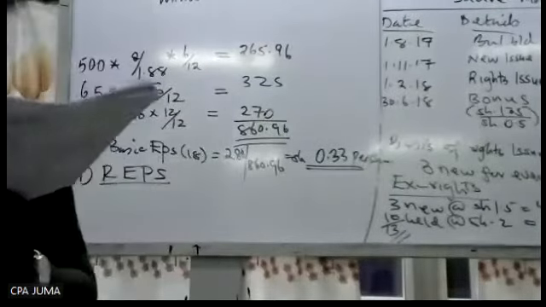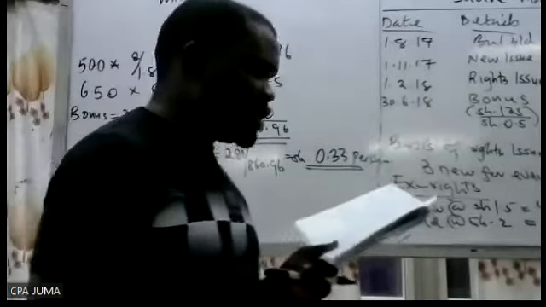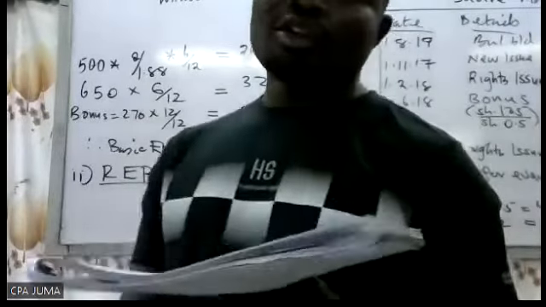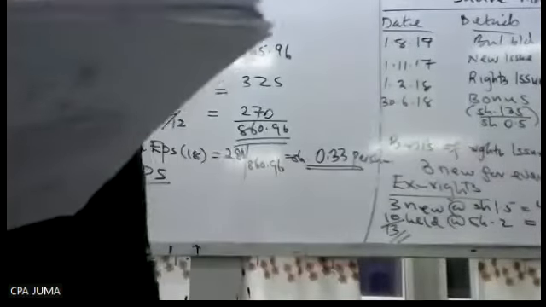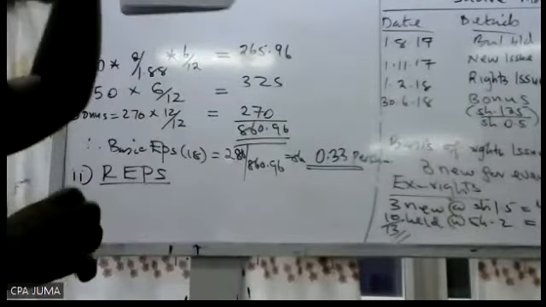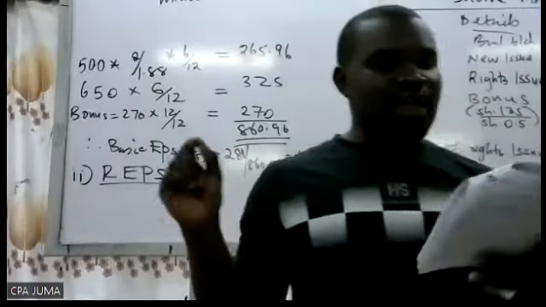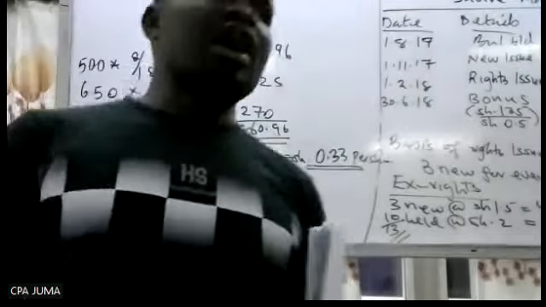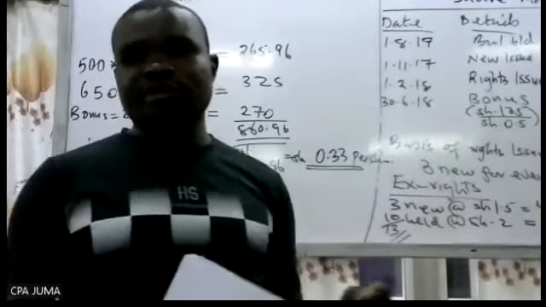The EPS figure reported in 2017 was 0.525. So check the restatement from our notes. How do you restate? What elements are appearing this year? This year is 2018, so you focus on 2018. What is appearing in 2018, and what if it had appeared in 2017?